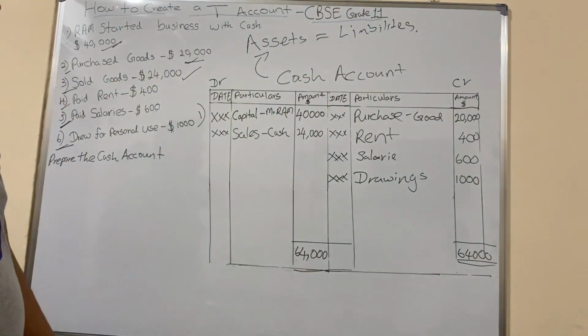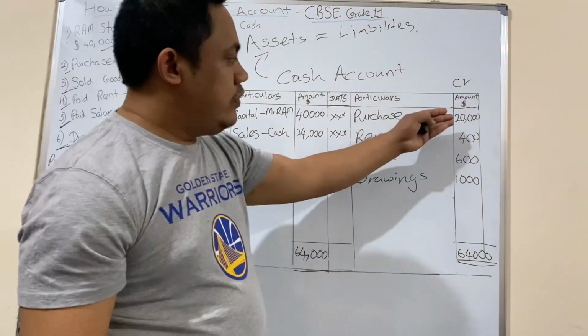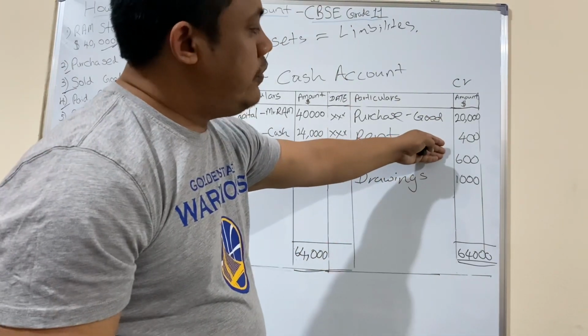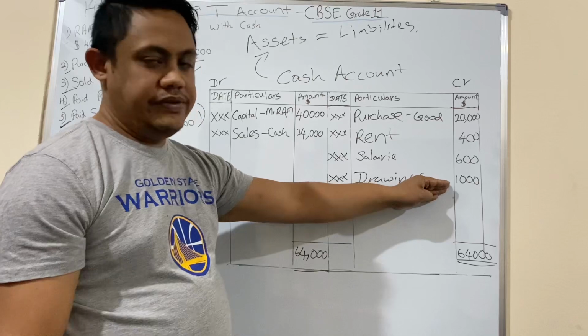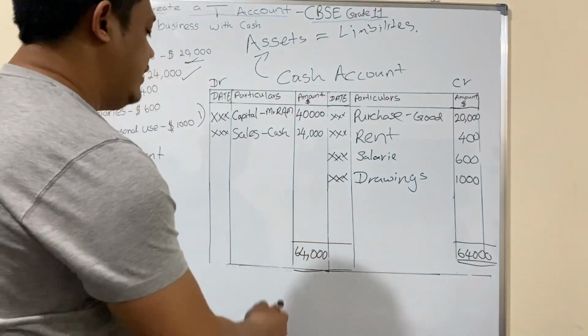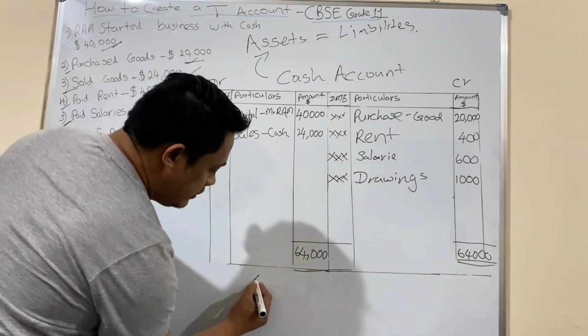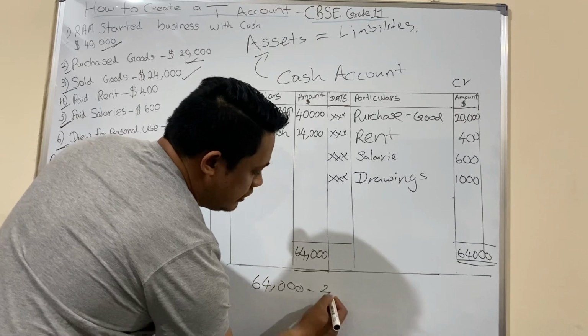Now there is a balance. What will happen for this balance? You can see 20,000, 24,000, 21,000, 22,000. So how will you take this balance? You can subtract 22,000 from 64,000.